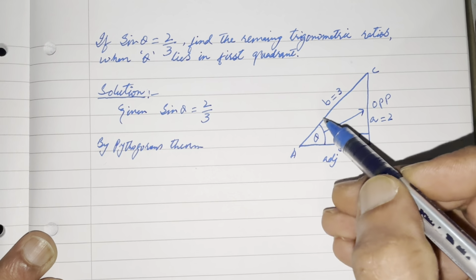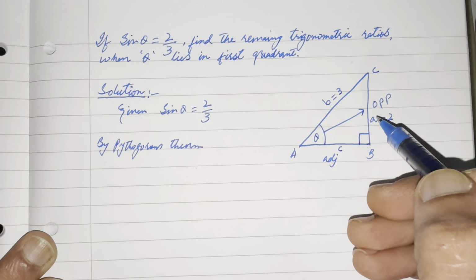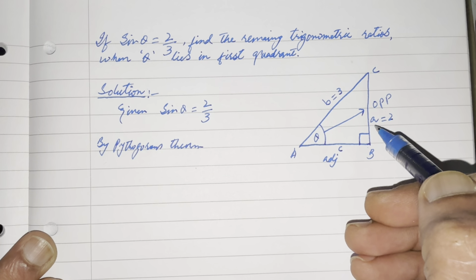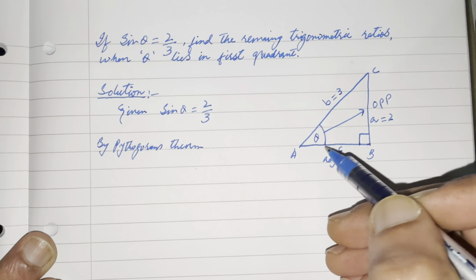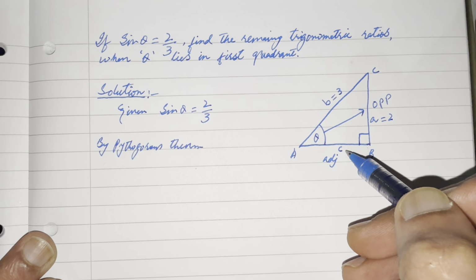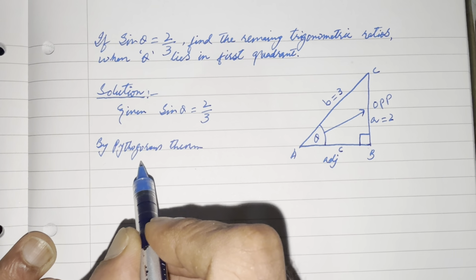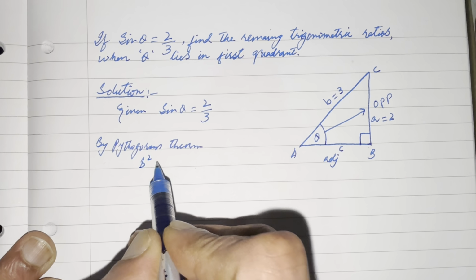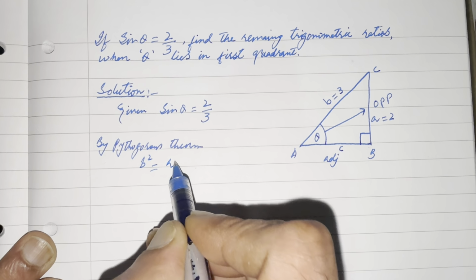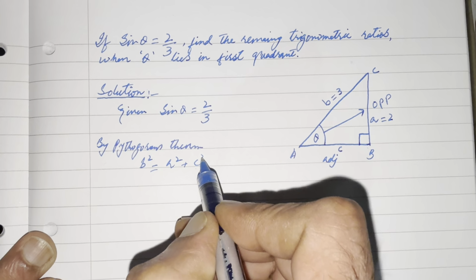The hypotenuse is the small letter b, the opposite side is small letter a, and the adjacent side is small letter c. So that can be written as b square is equal to a square plus c square.